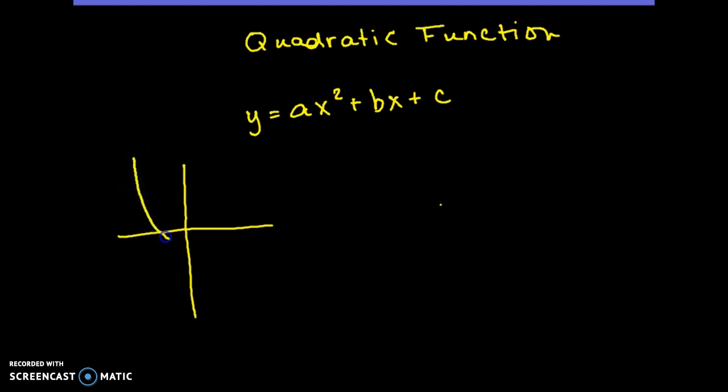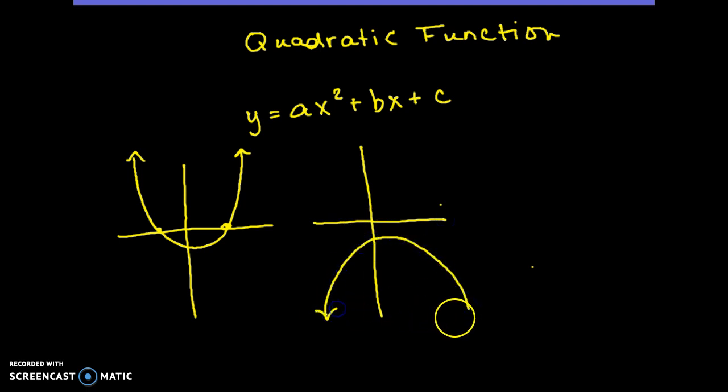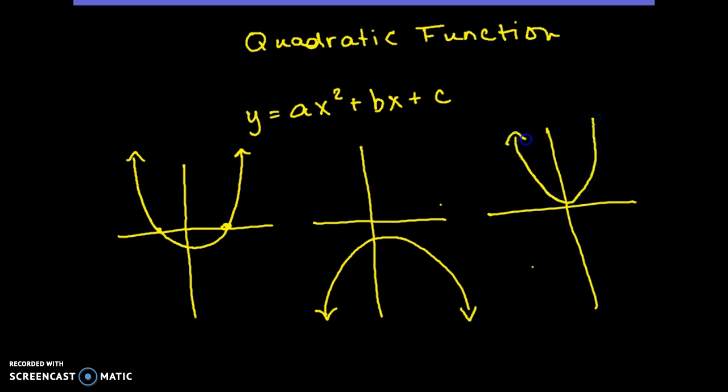It can go through the x-axis twice, or we could have a situation where it never touches the x-axis, or it touches the x-axis in just one place, something like this. Each one of these will identify eventually the solutions, and the solution is where the graph crosses the x-axis, and you may hear it referred to as the roots.